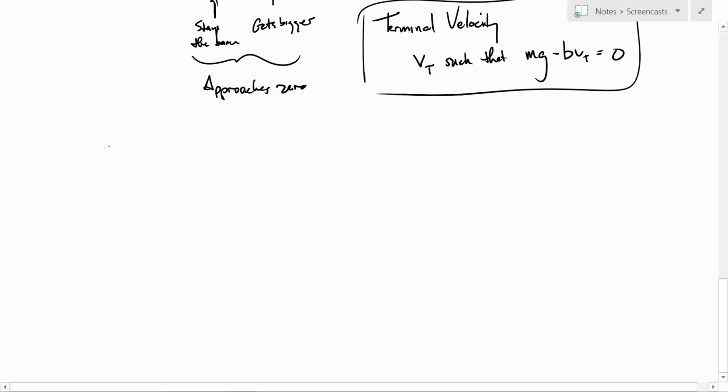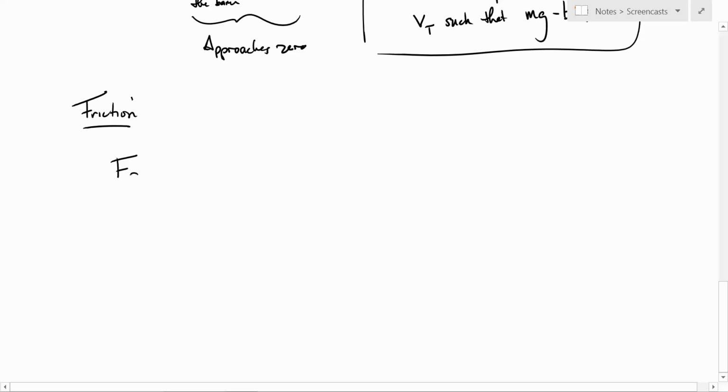Last kind of thing from this chapter was friction. And we said that our simple model for friction would suggest that there is some constant or coefficient of friction which goes against the normal force. And so things that we know, this tells us the magnitude.